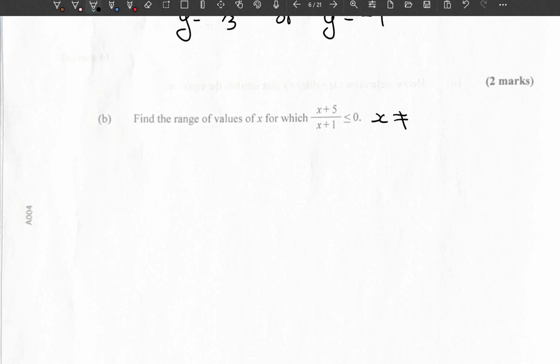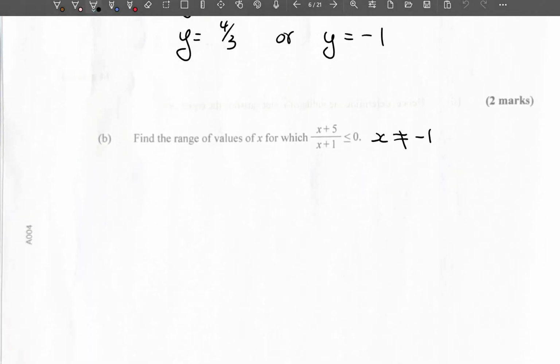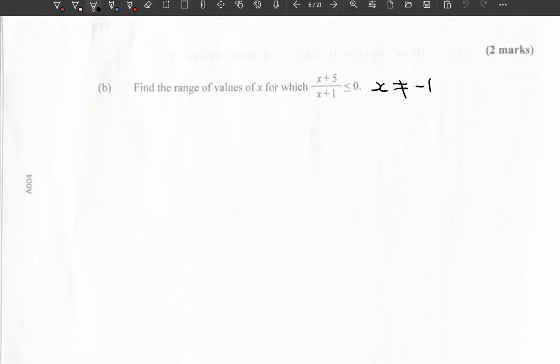Give me a good guess. It's going to be minus 1. Because if x is minus 1, we're going to get 0 on the denominator. So x cannot be equal to minus 1. And we have to ensure that x is not equal to minus 1. So let's get to this question.